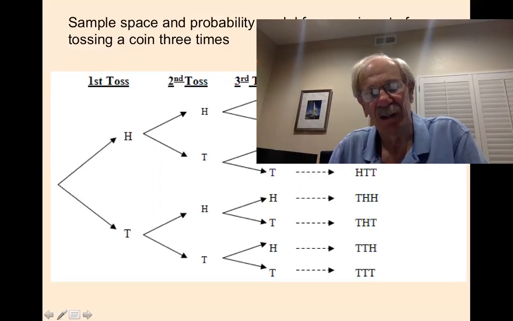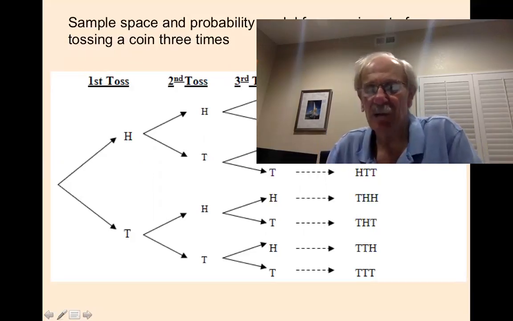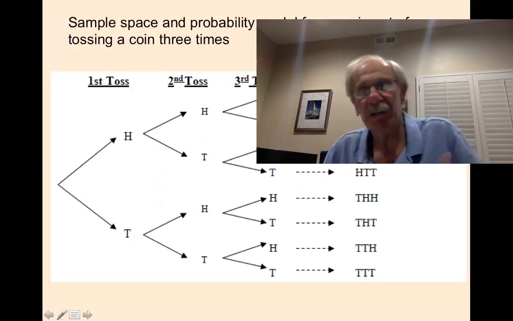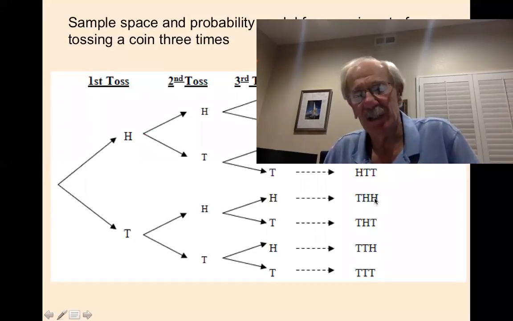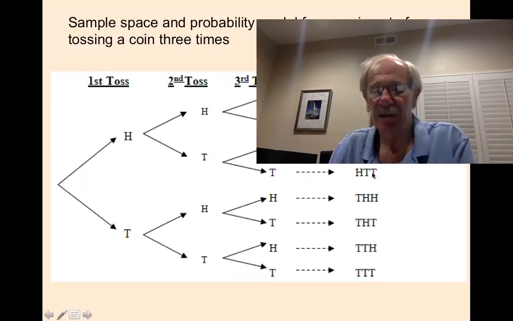And then on the outcome, if I wanted the probability of getting 3 heads, or let's say the probability of getting a heads and then a tail and then a tail, this particular combination, I'd look at the numbers and I'd have a 0.45 here, a 0.45 here, and a 0.55 here. I multiply those together, and that would give me the probability of getting heads, tails, tails.